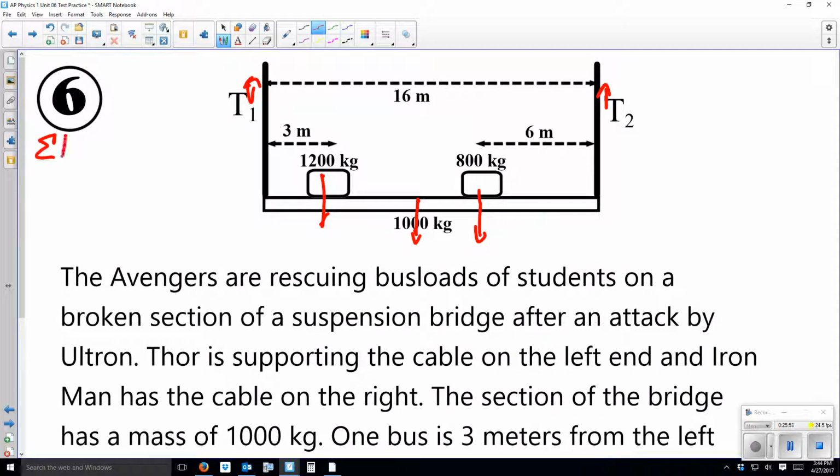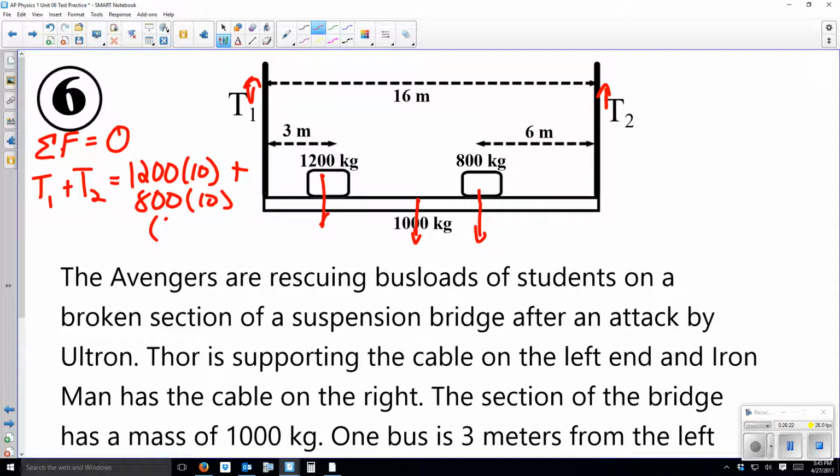So my tension 1 plus my tension 2, because those are both upwards, has to be equal to the forces down caused by all of those different masses. 1200 times g, so we've got mg there, and another mg, and another mg, 1000 times 10. So what ends up happening is that T1 plus T2 must equal 30,000 newtons.